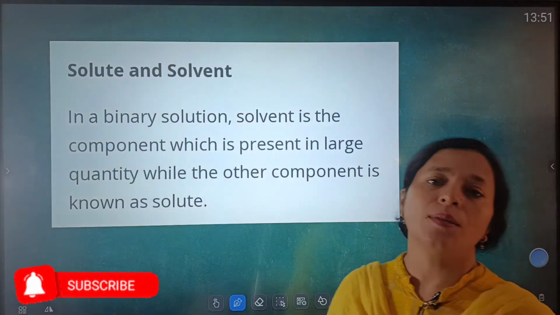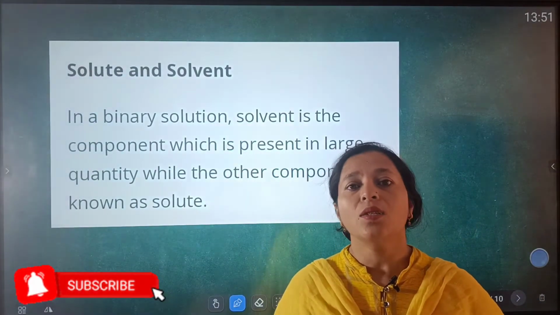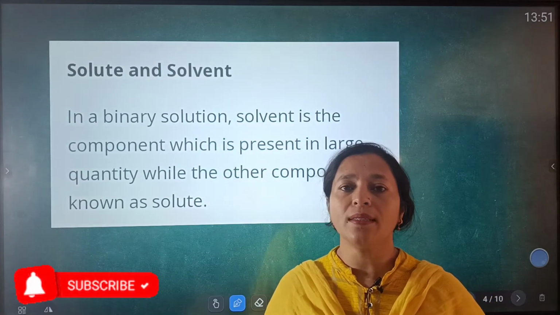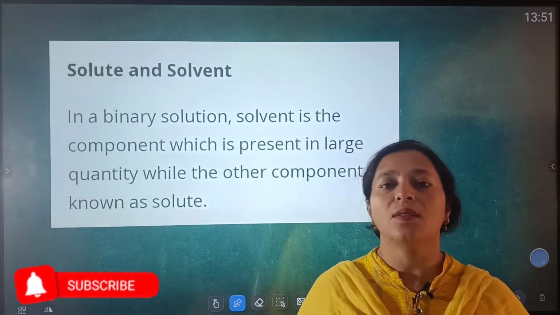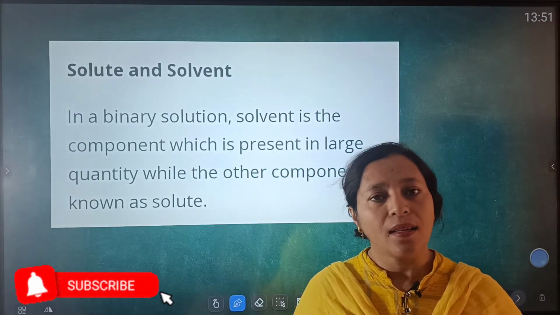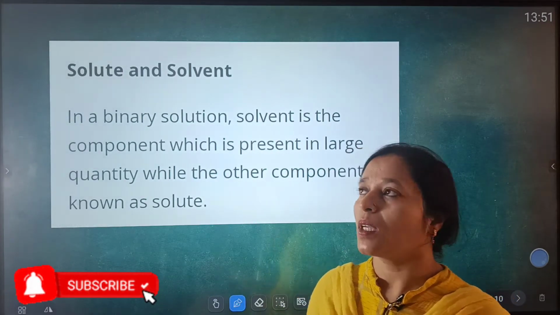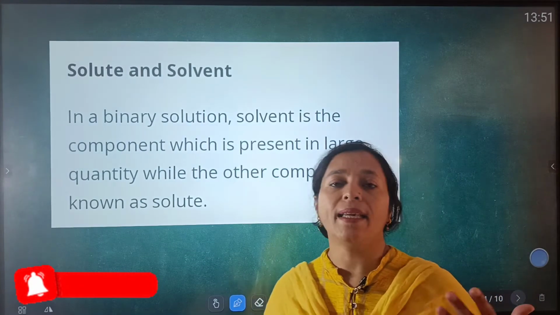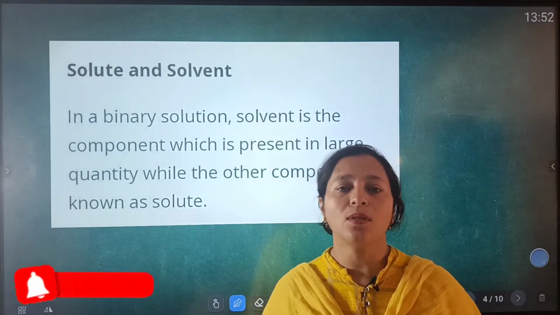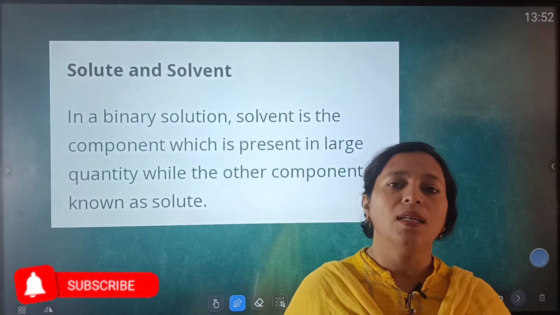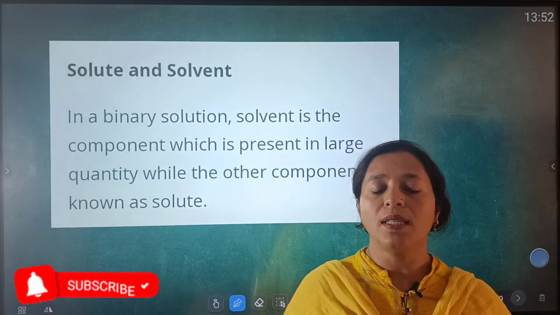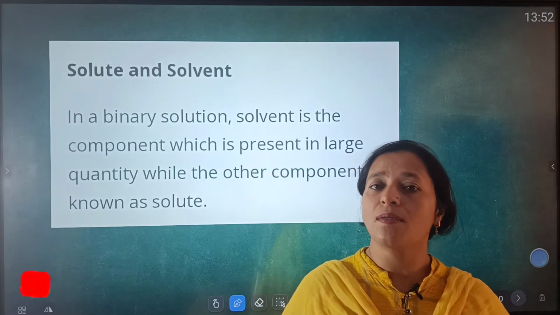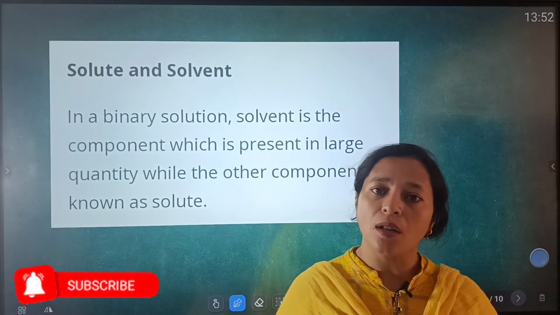So now what is solute and solvent? Solute is the component that is taken in the lesser amount and solvent is the component that is taken in the greater, larger amount. So suppose you are taking sugar and you want to dissolve it in a glass of water, then the sugar that you have taken is the solute and the water in which you want to dissolve sugar is the solvent.